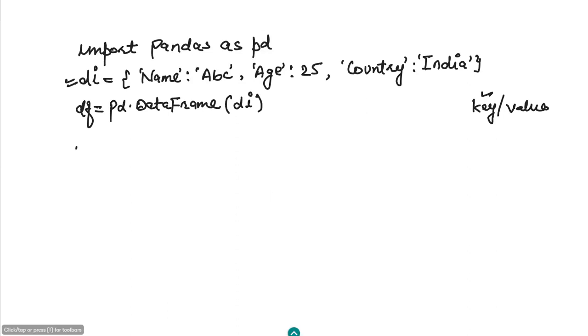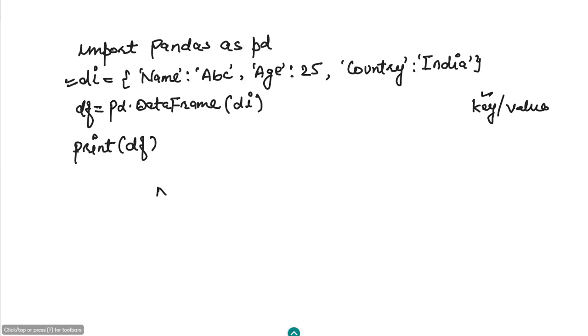If I am printing the complete data frame created by a dictionary, the output will look like that. Name will become the column.